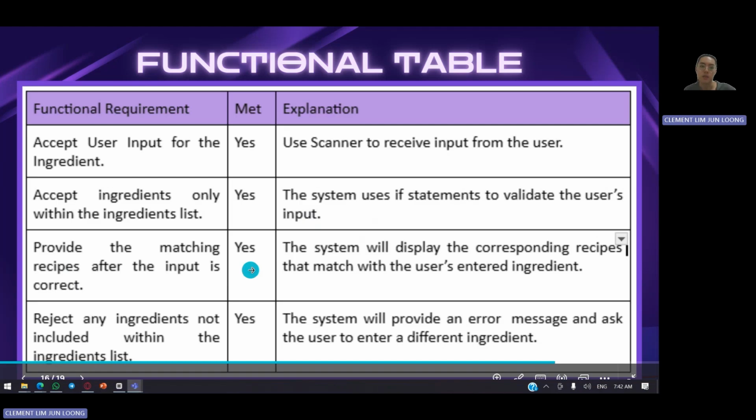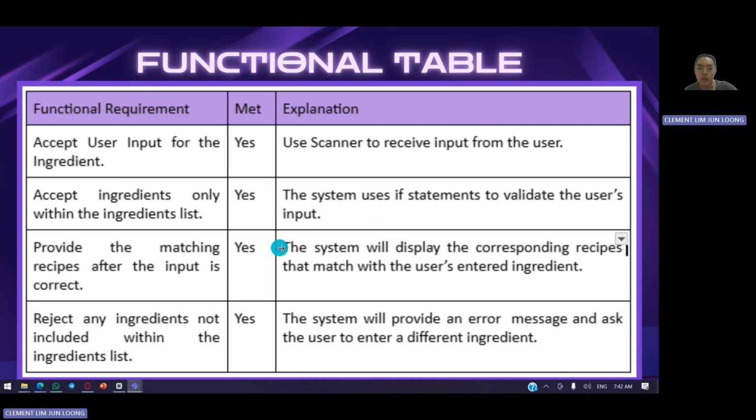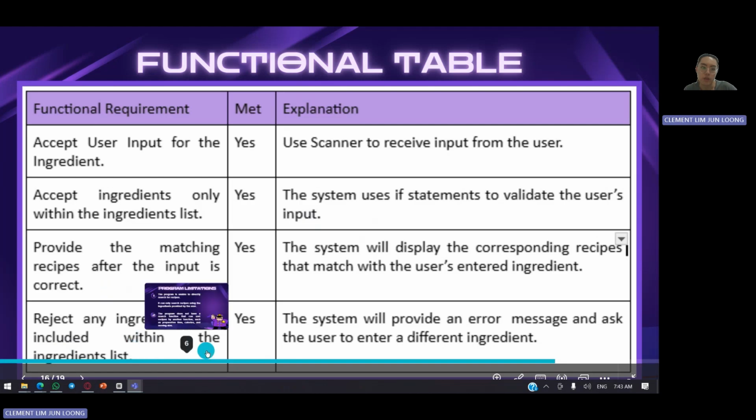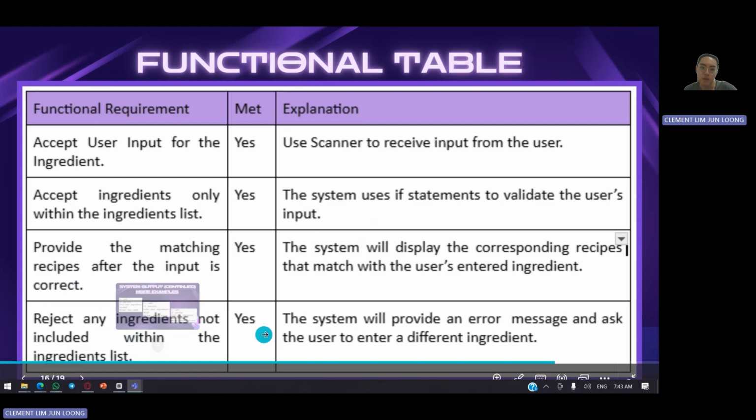This is met also because the system will display the corresponding recipes that match the user's entered ingredient. And lastly, it rejects any ingredient not included within the ingredients list. This is met because the system will provide an error message and ask the user to enter a different ingredient.